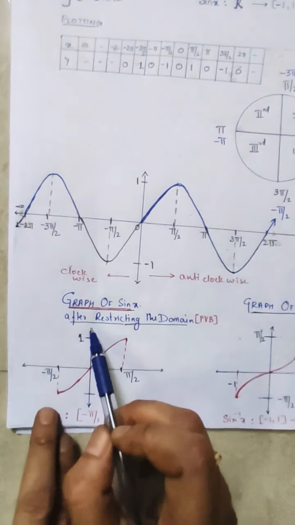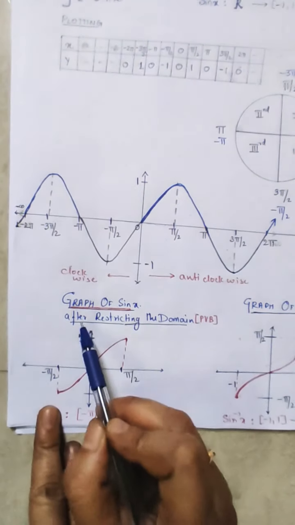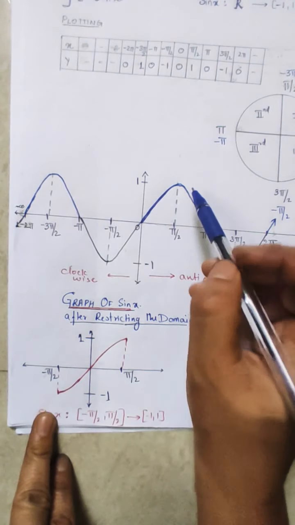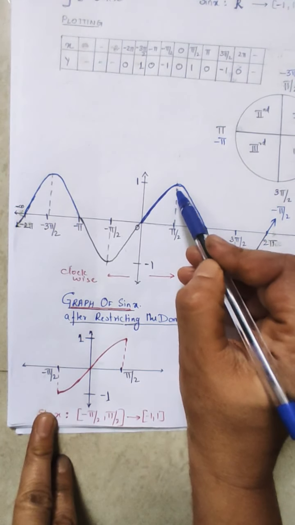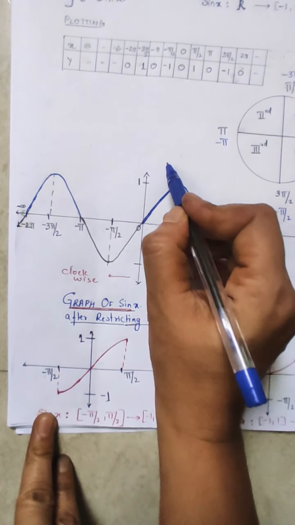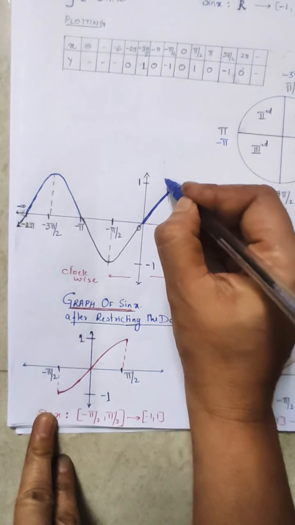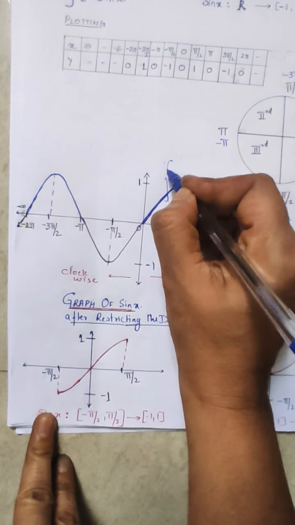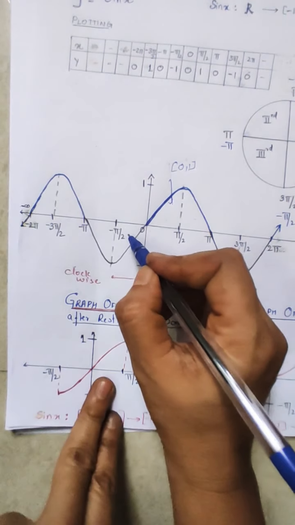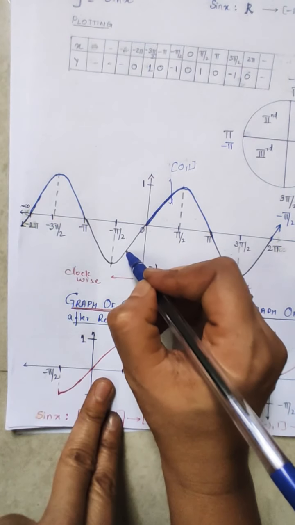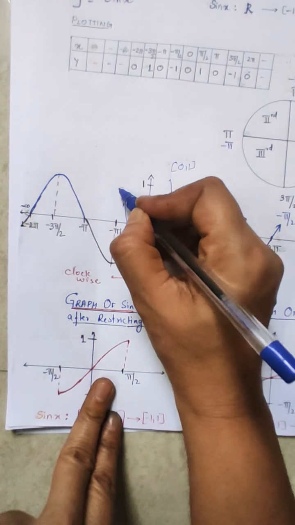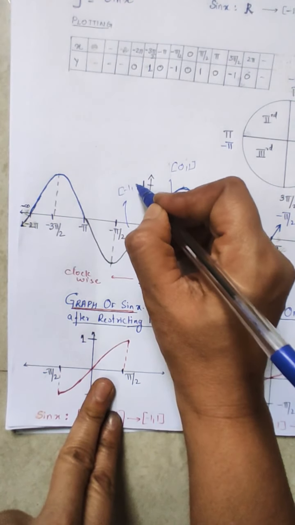Now the graph of sine after restricting the domain will be this part. That means 0 to pi by 2 will be the domain meant for the range 0 to 1, and minus pi by 2 to 0 will be meant for the range -1 to 0, open.